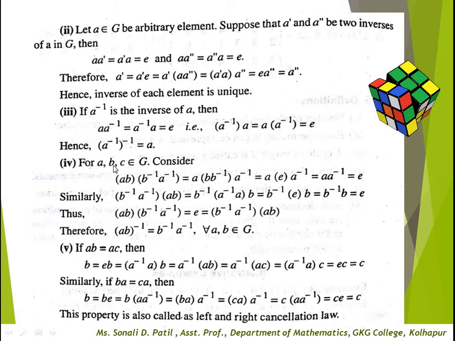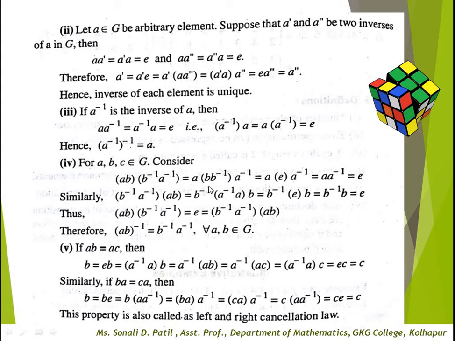Now fourth one, for a, b belongs to G, consider (ab)(b inverse a inverse) is equal to. Here we can change the bracket by using the associative property: a(b b inverse)a inverse is equal to a e a inverse. b b inverse means what?